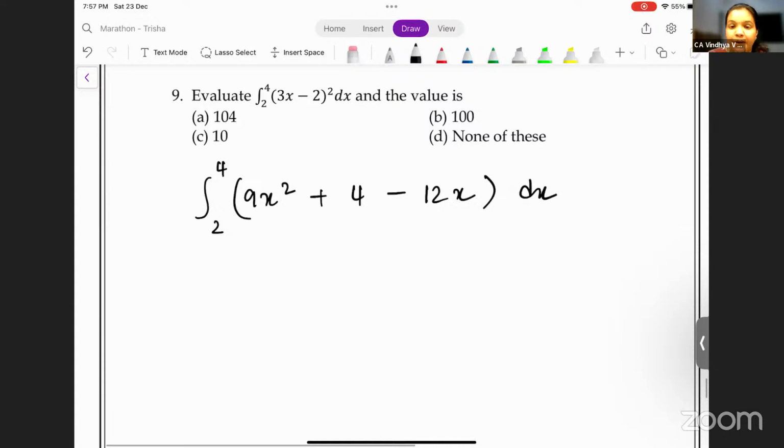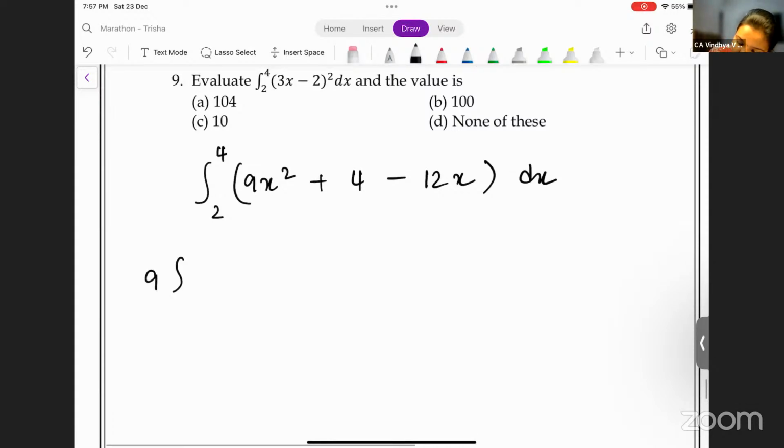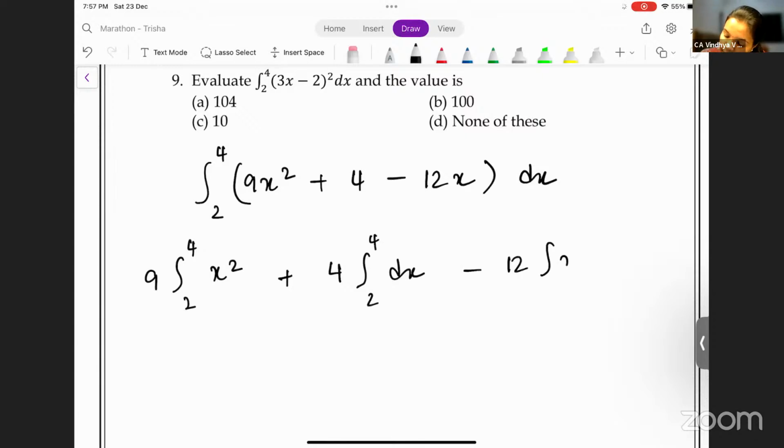We'll integrate it separately: 9 integration of x square plus 4 into integration of dx minus 12 integration of x dx.